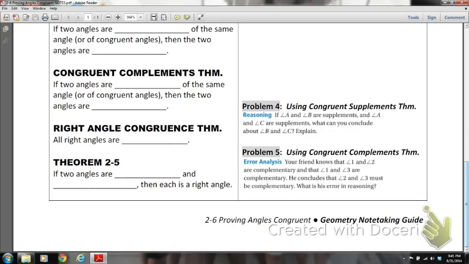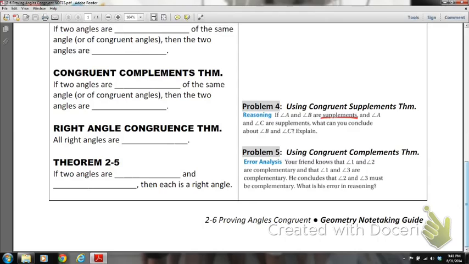The last two problems, problem 4 and problem 5, are just using the congruent supplements theorem and the congruent complements theorem. Problem number 4 says if angle A and angle B are supplements, that means that they add to be 180, and angle A and angle C are supplements, what can you conclude about angle B and angle C?